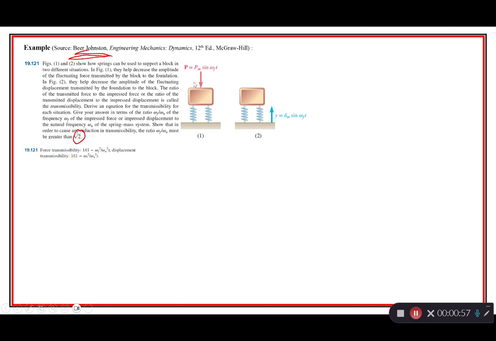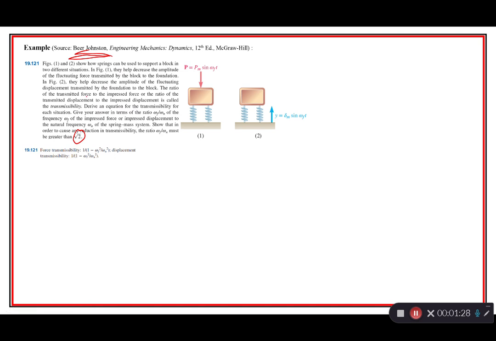So in this one, we're moving up and down, and we want to decrease that force from here to there as vibration isolation. Or it could be that the ground is moving, and we don't want the block to move as much as the ground underneath it. So you can kind of picture those two scenarios. And in this, we don't have to worry about damping, which is kind of nice.